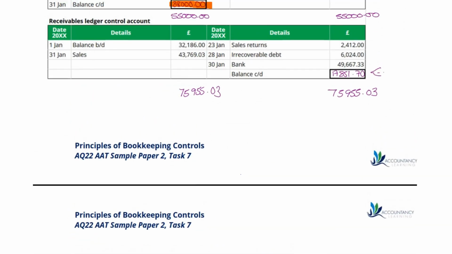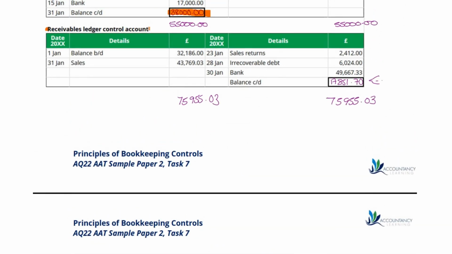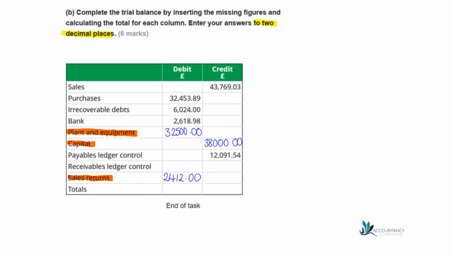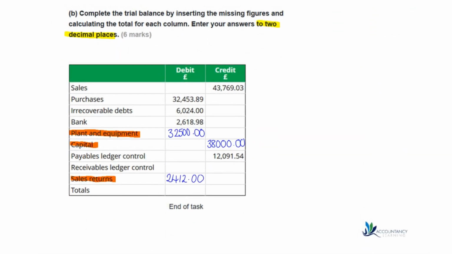And then finally we've got receivables ledger control and 17,851.70. Receivables ledger control is what our customers owe us, so it is an asset account. So 17,851.70.